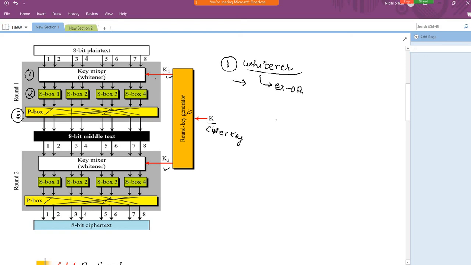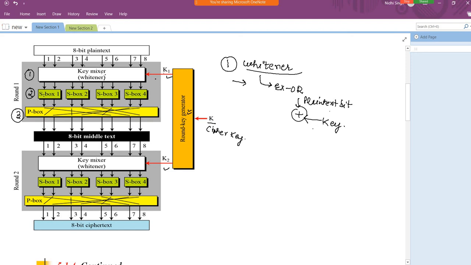This XOR component performs the XOR between the plain text bits and the key. For performing the XOR, the number of bits in the plain text and the number of bits in the key should be equal, right?